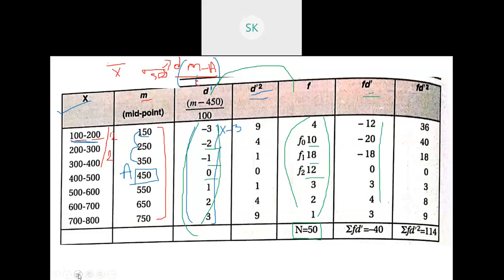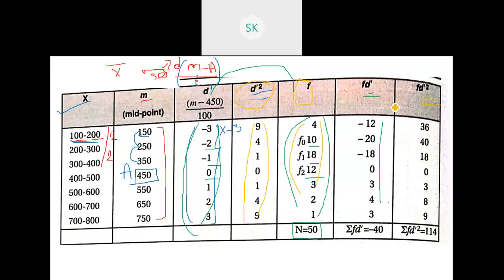Now we also have d dash square, so we are supposed to consider the d dash square too. Again consider the frequency and multiply it with d dash square. This column, which I am marking in yellow, and the next column, that is frequency, will be multiplied to get the final values of f d dash square.